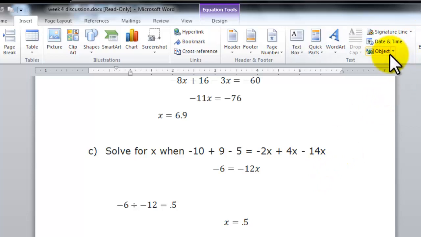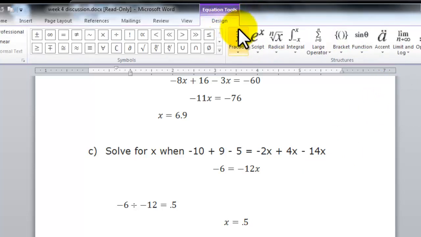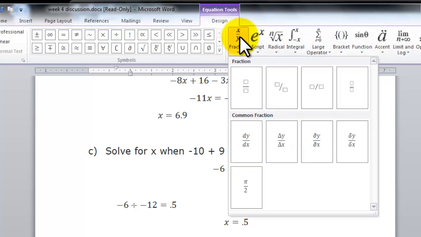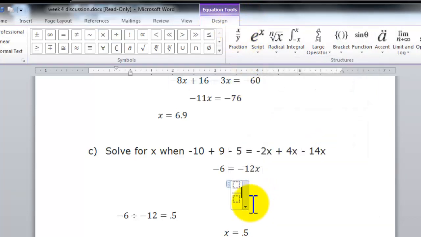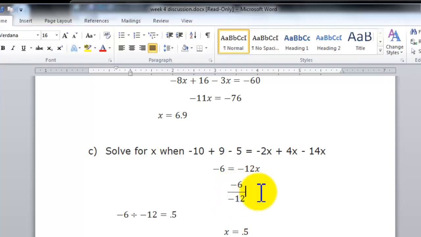Hit that fraction, pick your style of fraction, and then you could say -6, and you're dividing both sides by -12. And click out of it. I love it when it does that. It's so weird.